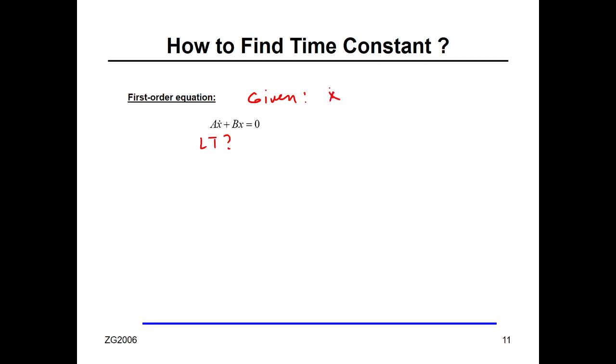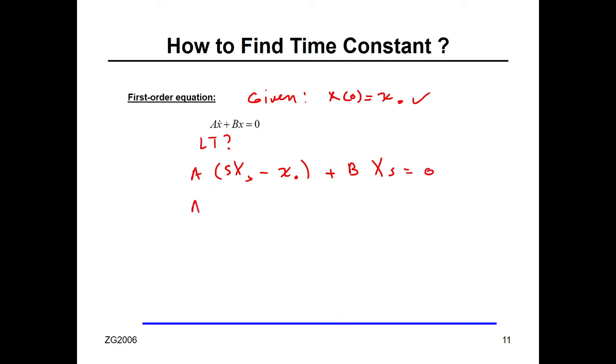X at 0, let's call it x naught. This is given. Take the Laplace transform. So this is going to be a times (s X(s) minus the initial condition), x naught, plus b X(s), equal to 0.